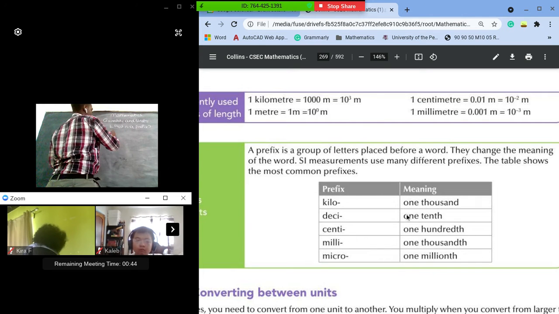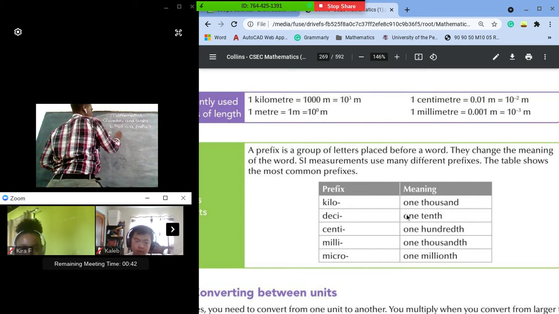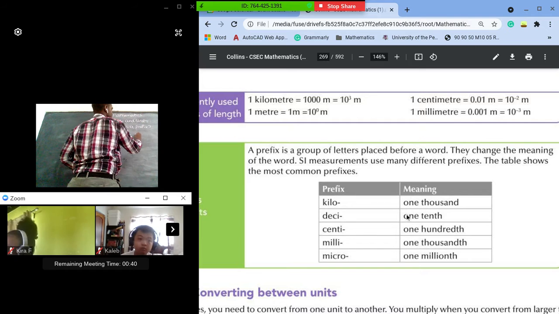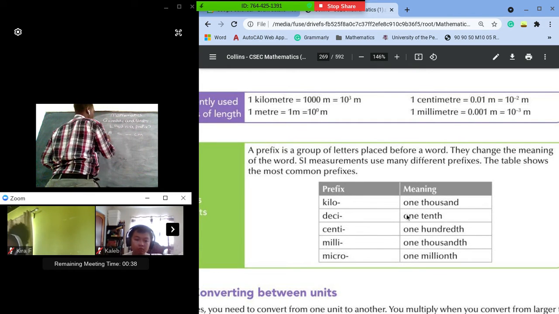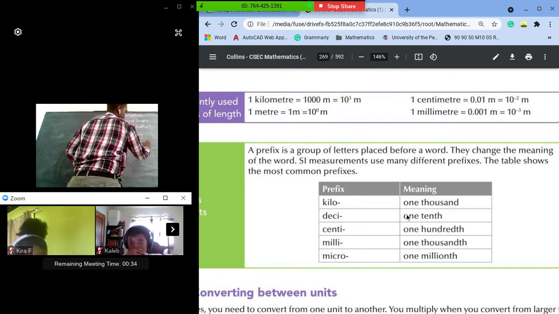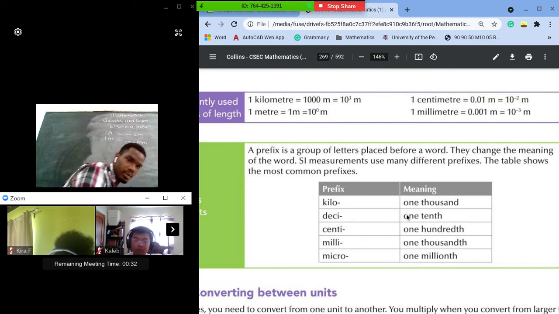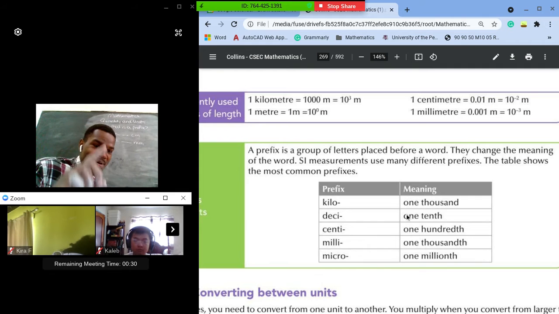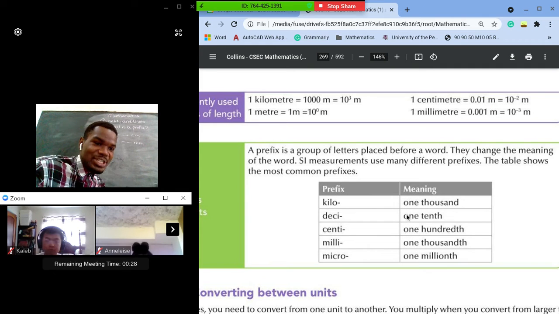So, 1 meter is equal to how many centimeters, and 1 meter is equal to how many millimeters? Quickly attempt this. Okay, sir. Attempt it and rejoin. 20 seconds left. So, rejoin for me, everybody.